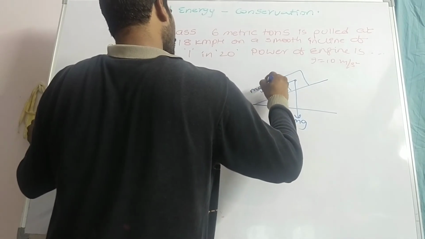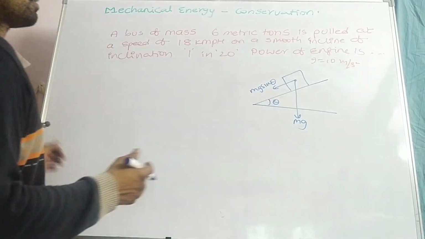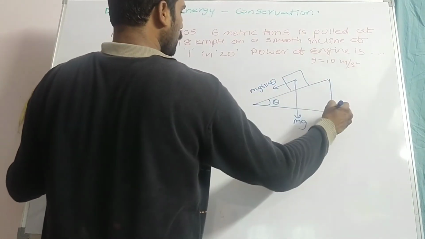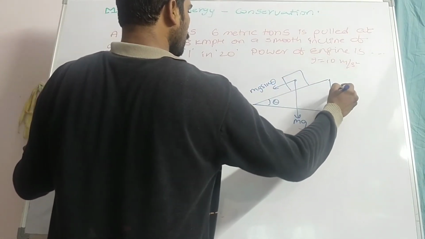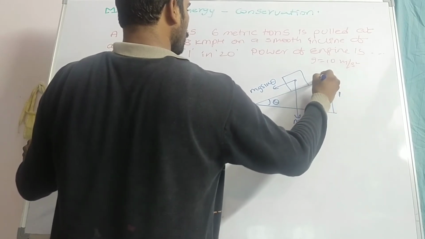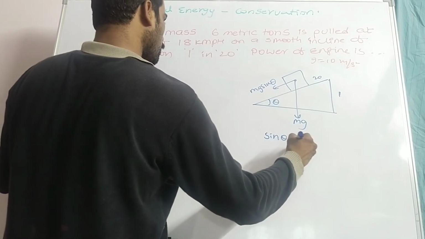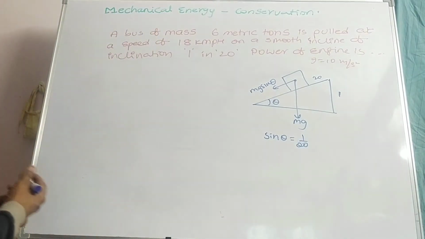Here mg sin theta is acting, that is the force F, of course. So inclination is given as 1 in 20, which means opposite side 1, adjacent side 20. So sin theta is equal to 1 by 20.